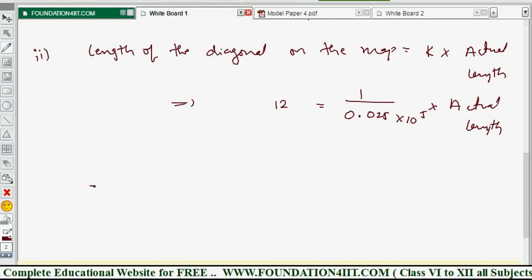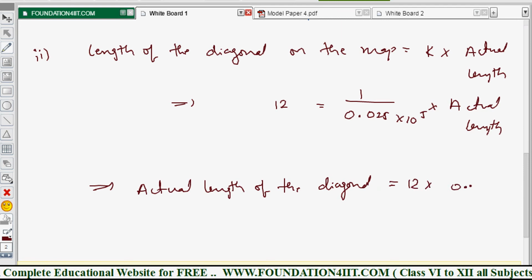Just multiply both sides, so the actual length of the diagonal is 12 into 0.025 into 10 power 5. This will completely come in centimeters.